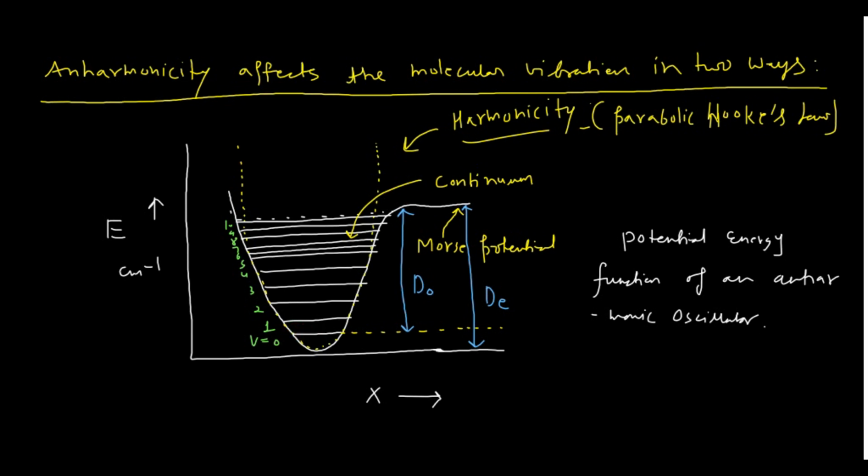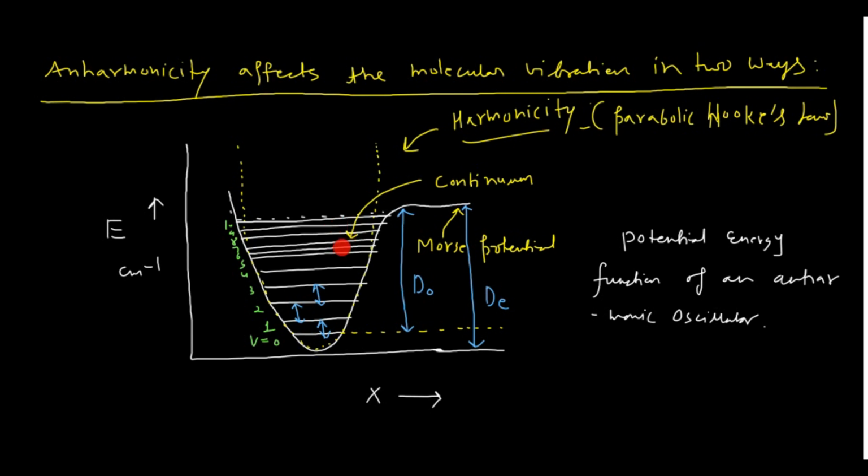Before going into the explanation of this plot, you need to understand what is happening here. Here you see these are the vibration energy levels, V equals 0, 1, 2, 3, 4, 5, 6, 7, and so on, and this is the continuum which we will obtain. You can clearly see the difference here. If you focus here, you see this distance and this distance, they are the same. This is also the same, but as you go up, the distance between the vibrational energy levels decreases.